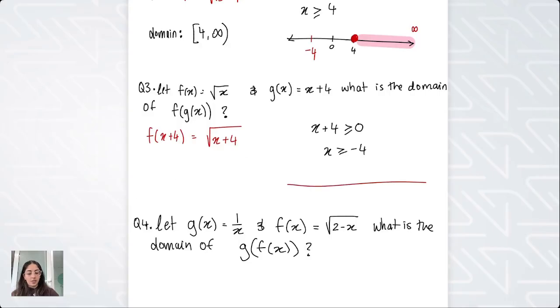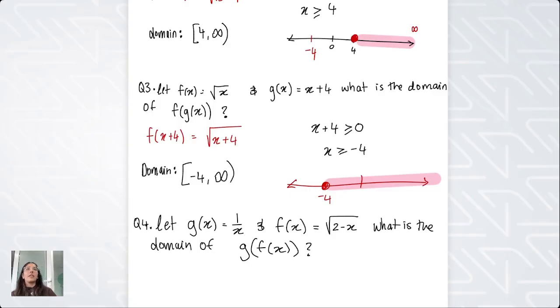So -4, and then we get everything to the right of that. My apologies. So yeah, then the domain would just be inclusive of -4 and then excluding infinity, with a square bracket then a circle bracket. Everyone cool with this?